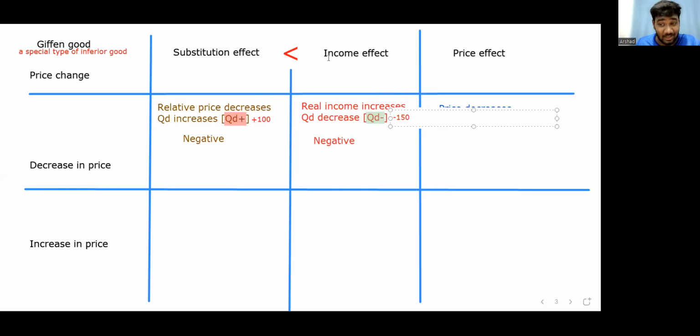The income effect is larger now, right? So overall, your QD falls by 50. Is that clear? That's how the price effect works in a Giffen good. So in a Giffen good, the price effect is positive.